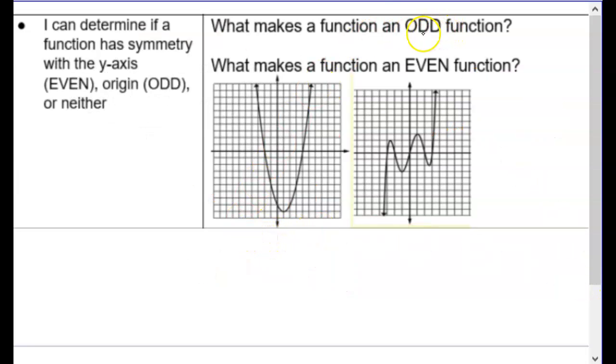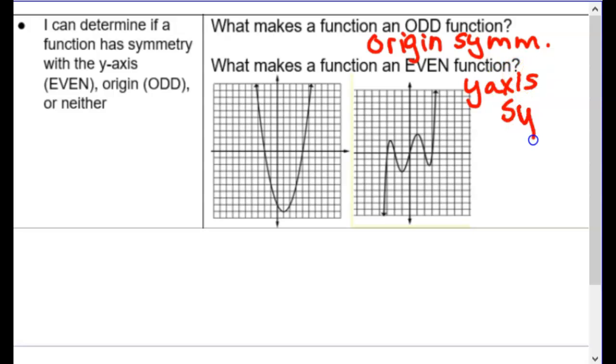What makes a function an odd function? Origin symmetry. What makes a function an even function? Y-axis symmetry. What about these two?